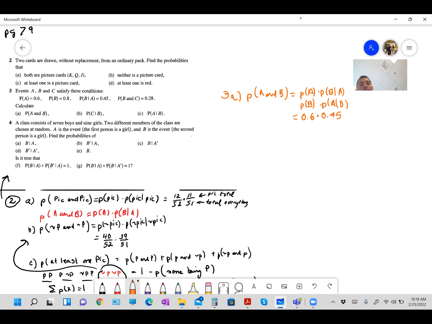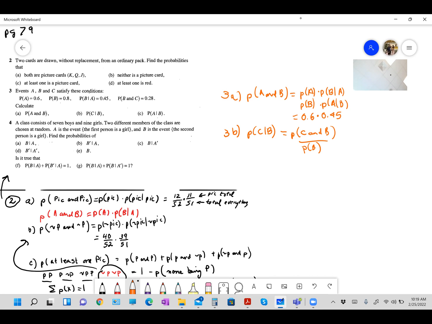How about B? 3B says the probability of C given B. Well, what's the probability of C given B? It must be equal to the probability of C and B divided by the probability of B. Do they give you C and B?